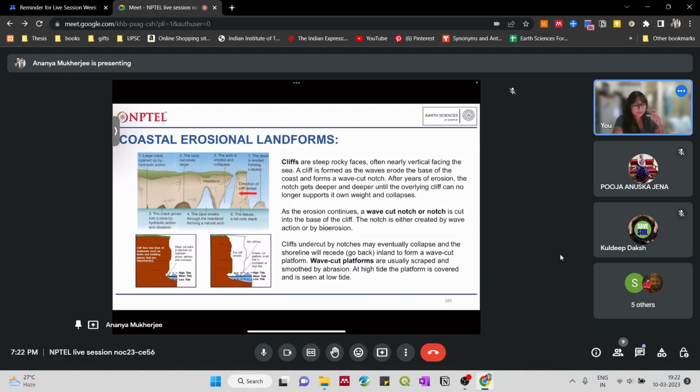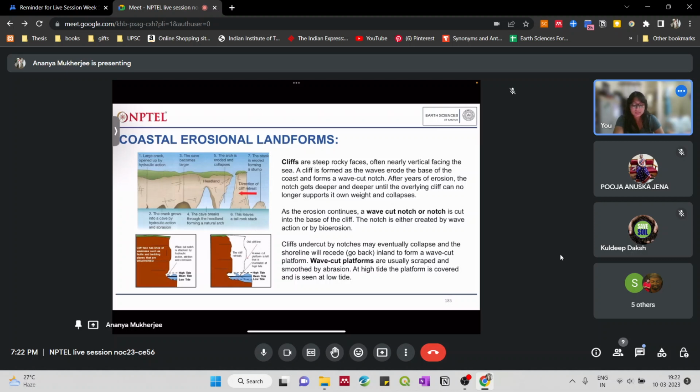Cliffs usually form like this: first, one crack opens up somewhere, then it keeps growing into a cave due to hydraulic action and abrasion.